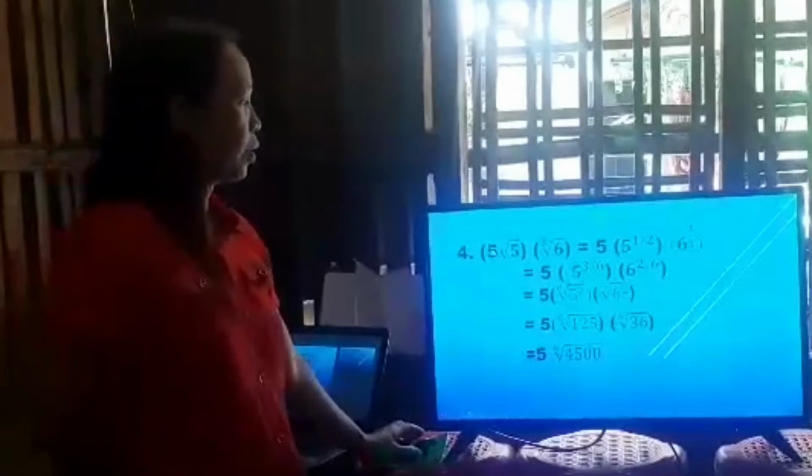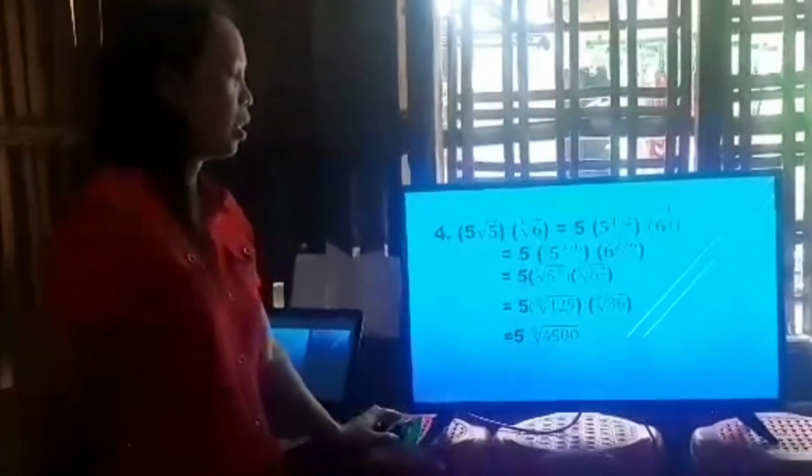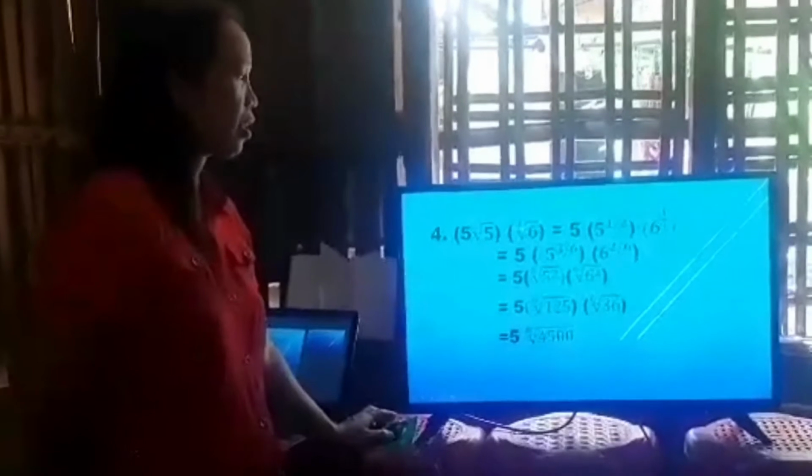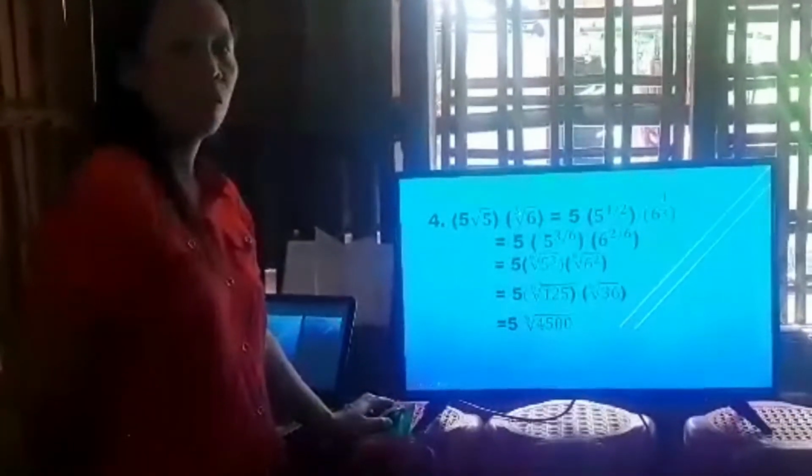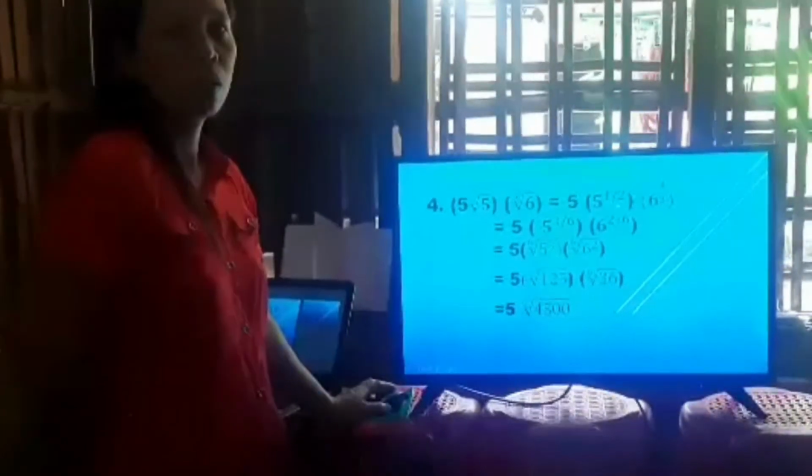5 square root of 5 times cube root of 6. Since the index is not the same, this one is 2 and the other is 3, we are going to transform to the rational, the fractional exponent.